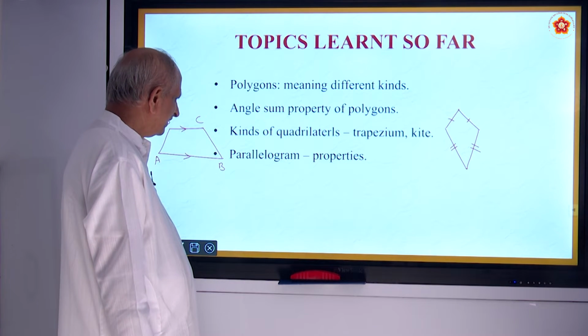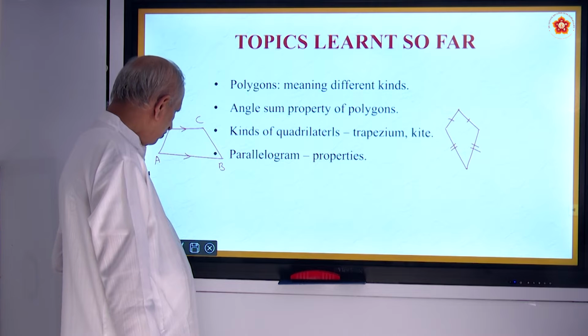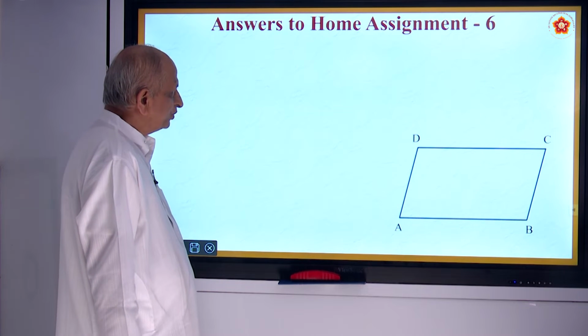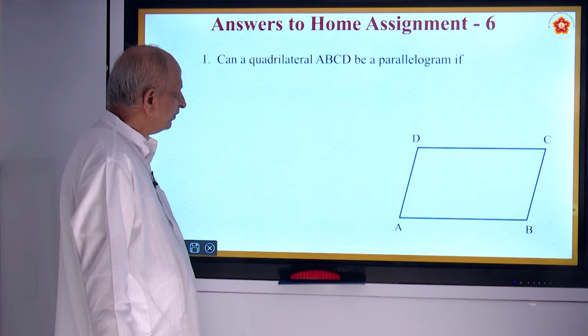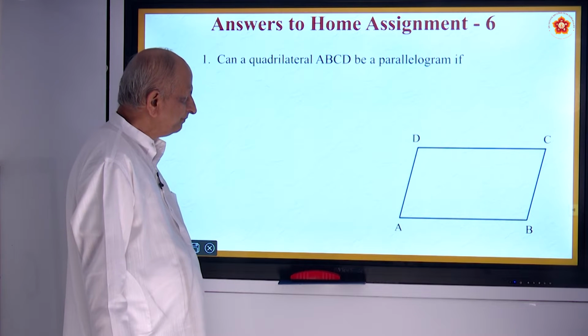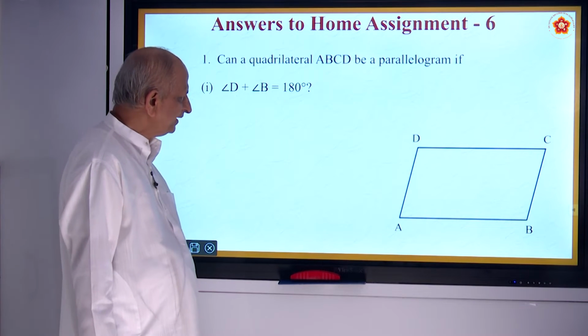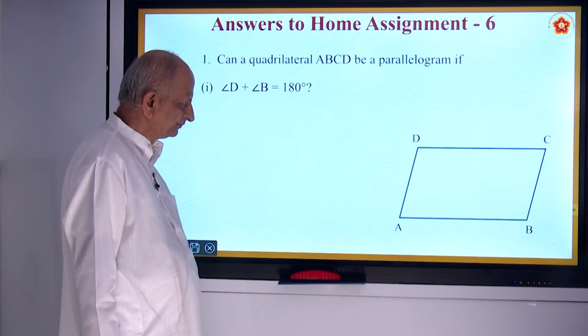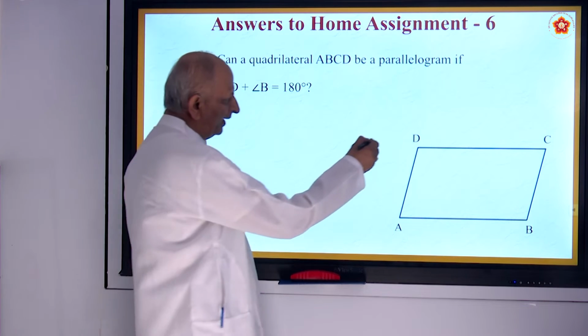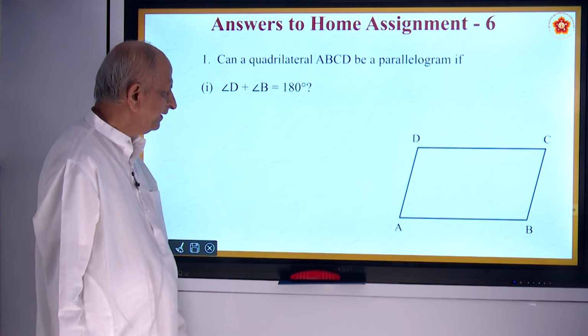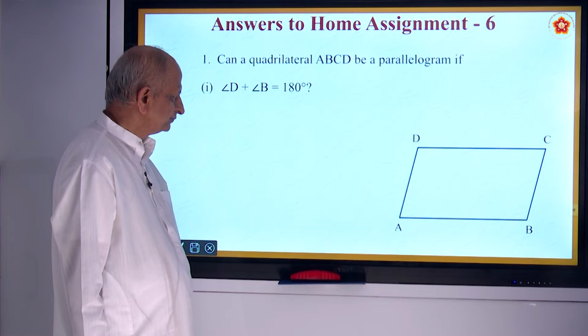And let us just see the home assignment. First question, can a quadrilateral ABCD be a parallelogram if angle D plus angle B is equal to 180 degrees? Can it be a parallelogram?